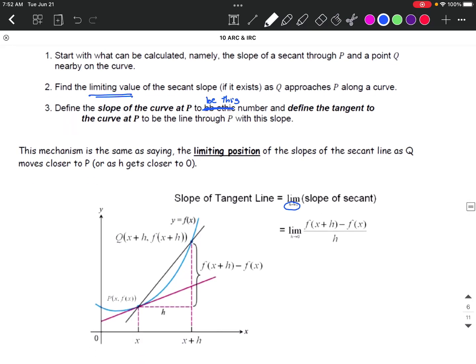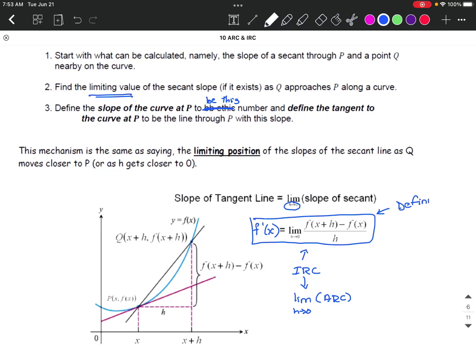So this mechanism is the same as saying the limiting position of the secant lines as Q moves closer to P. The slope of the tangent line is the limit as h approaches 0 of the slope of the secant line, which becomes this instantaneous rate of change, which is the limit as h heads to 0 of the average rate of change, f of x plus h minus f of x all over h, and this is also f prime of x, otherwise known as our definition of derivative.